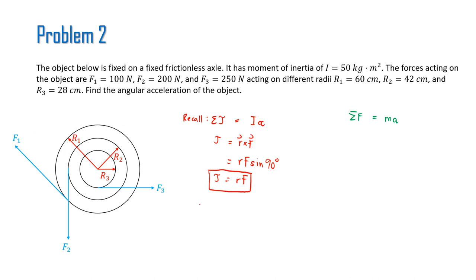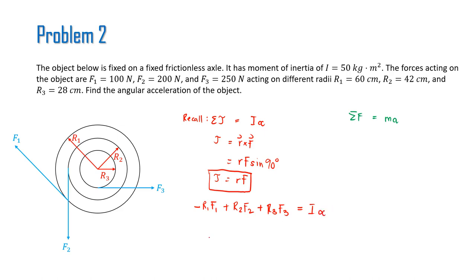So you have negative R sub 1, F sub 1, and then your F2 causes a positive torque. So you have plus R sub 2, F sub 2. Your F3 causes a positive torque also, counterclockwise direction. So you have R sub 3 multiplied by F sub 3. We will equate this with I alpha.